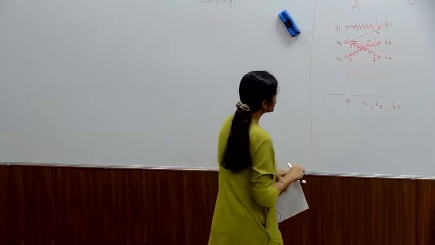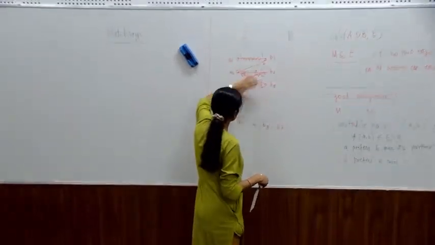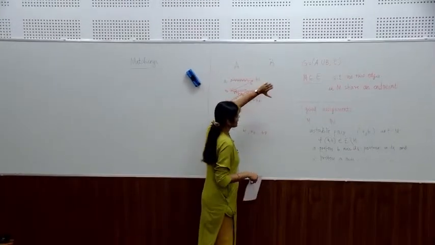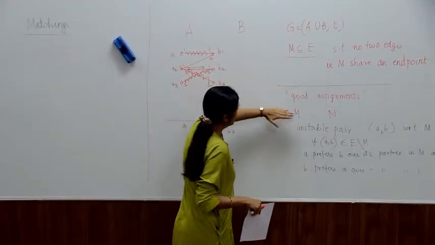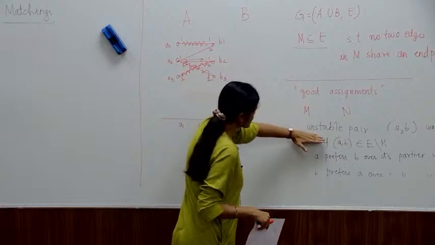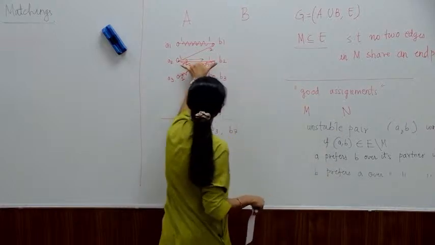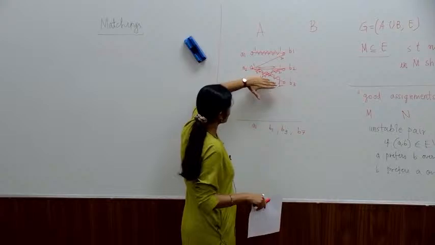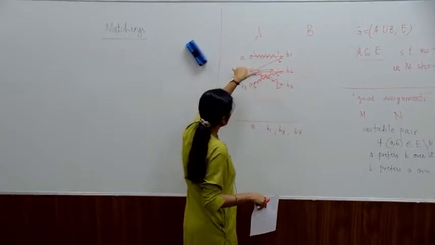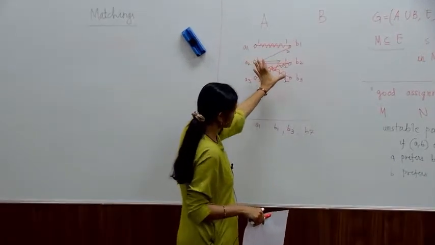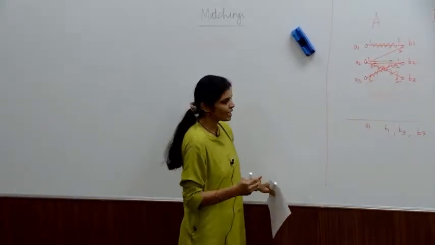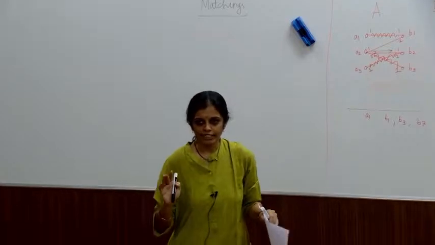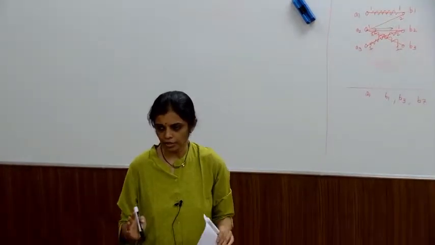Okay, so I repeat, we have an instance, we have a matching M which is given to us. We will call it an unstable pair if it is an edge in the graph, it does not belong to the matching, that is, it is not a wiggly edge, and both the endpoints prefer each other to their current partners in M. Of course, we'll also say that a vertex prefers being matched to remaining unmatched.